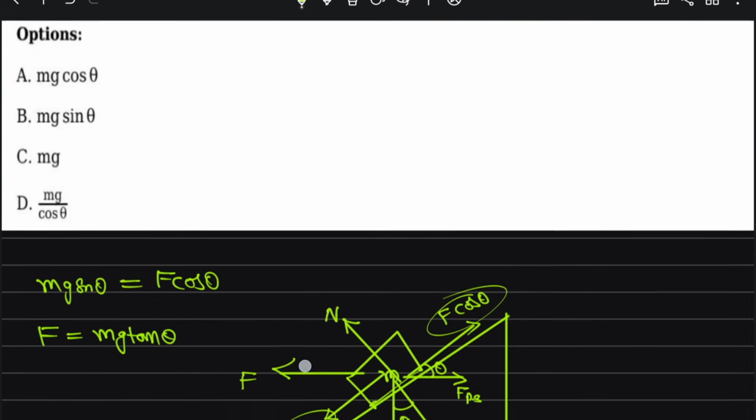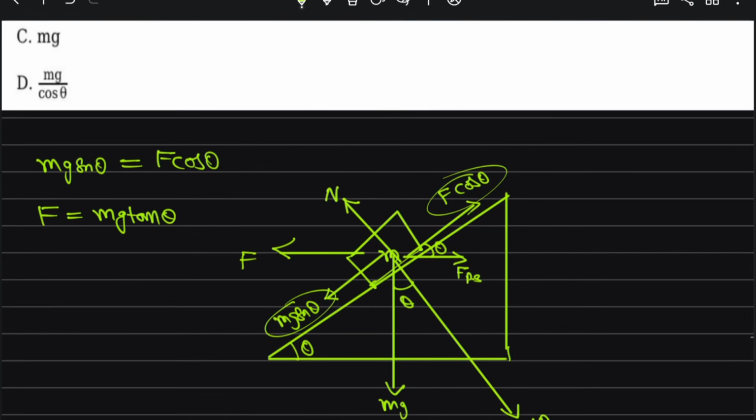So in this question, we are fine. And we know force is equal to mass into acceleration, that is mg tan theta. The m cancels, so acceleration comes out to be g tan theta.